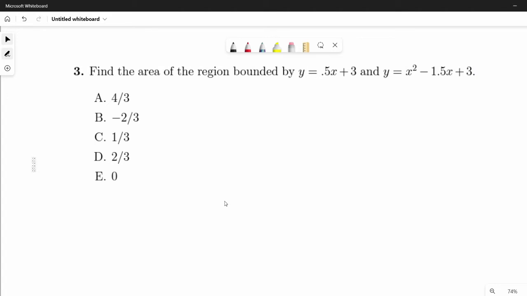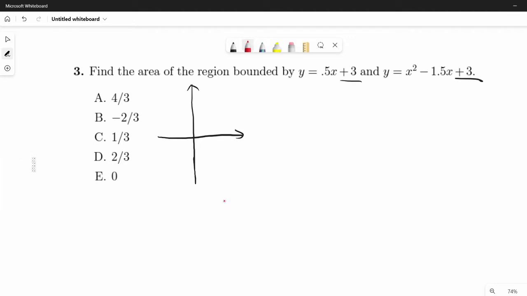For number 3, we're given two functions, and we're finding the region bounded by them. So first, of course, we need to graph this and get a sense of where these functions are. At a glance, I can notice that the y-intercepts are both 3, since if you plug in 0 for x, the y will come out to be 3.